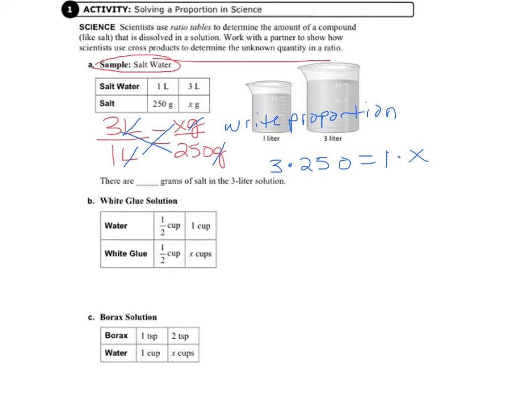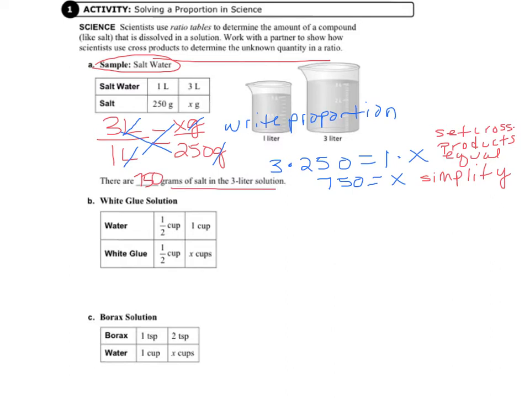And then when we simplify, that equals 750 equals x. So when you copy this down, be sure you copy down the steps as well as the problem itself. And when we do this, we find out that there are 750 grams of salt in the 3-liter solution.